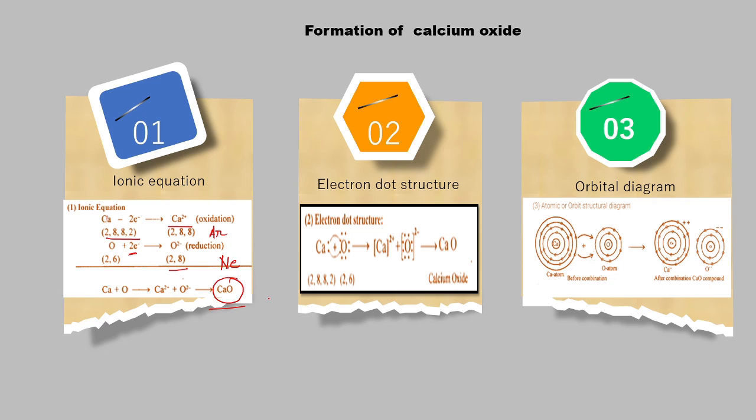Similarly, you can see the electron dot diagram where 2 electrons are being transferred from calcium to oxygen, and calcium will bear a 2 plus charge and oxygen will have a 2 minus charge, and will form calcium oxide. The orbital diagram is also shown here, which you just need to see for your visualization.